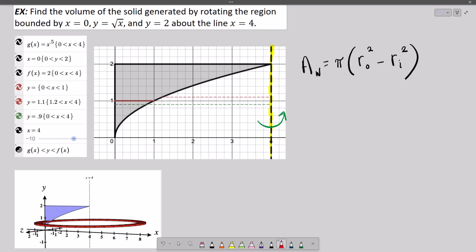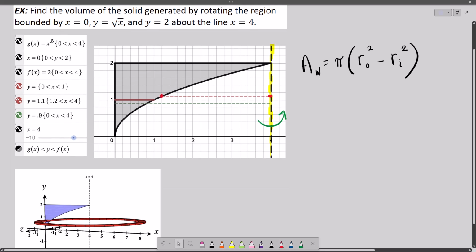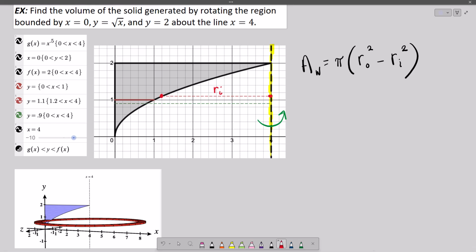This first curve that we meet, that distance right there, is going to be the inner radius. The inner radius is always from the axis of rotation to the first boundary of the region. We keep on trucking through the first curve and hit the second curve. That is going to be the outer radius.